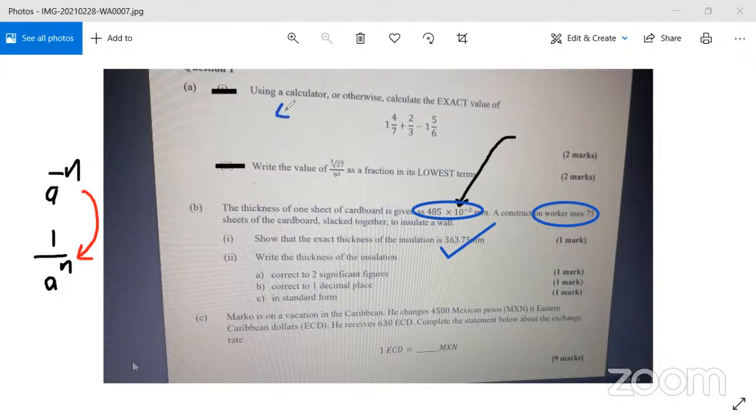So we'll have 485. We'll also have 75. Five fives, we have 25. 40 plus 2 is 42. 20 plus 4 is 24.